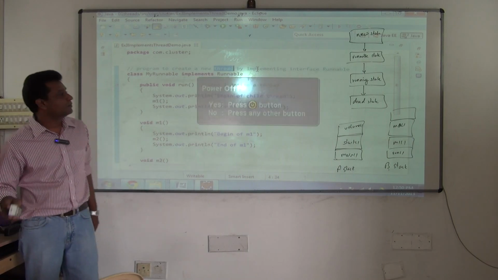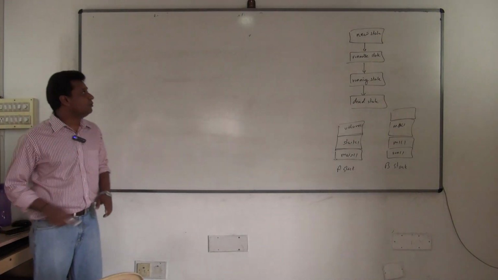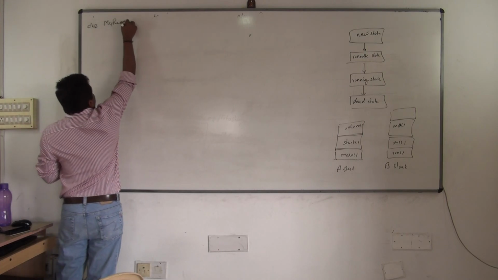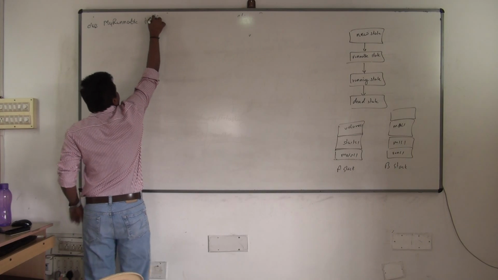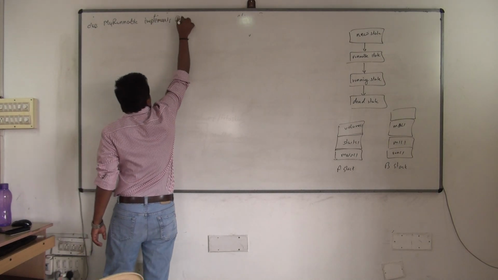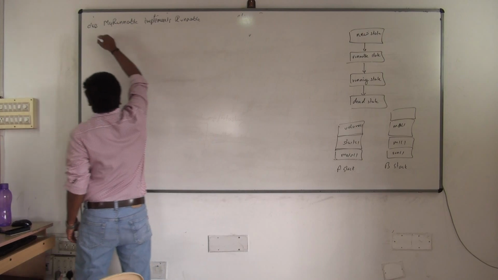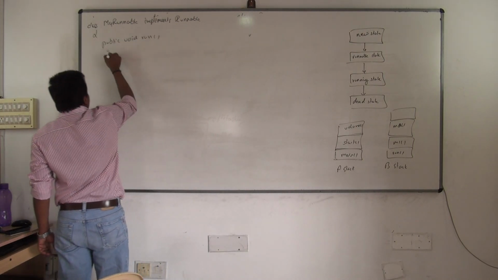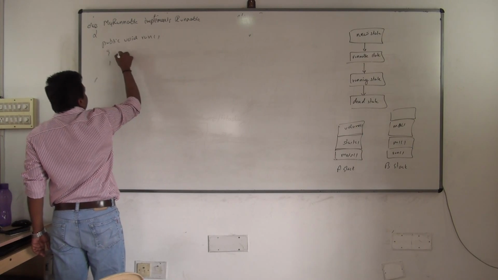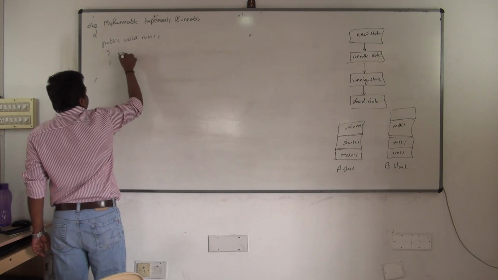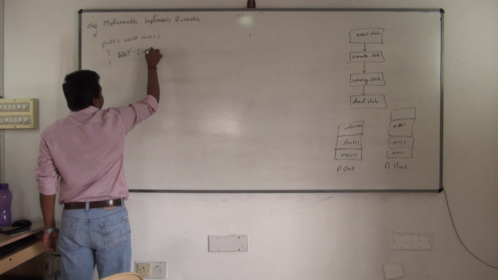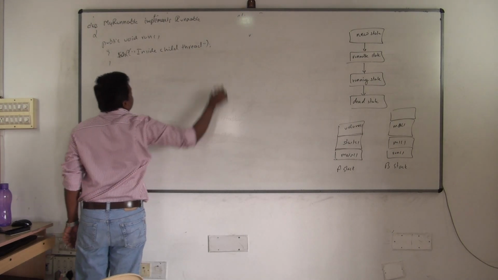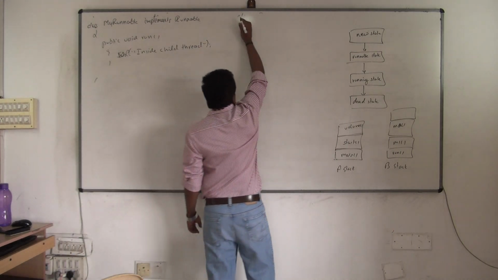First, class MyRunnable implements Runnable, override run, and write your logic inside, for the child thread or whatever you write. That's it, over.